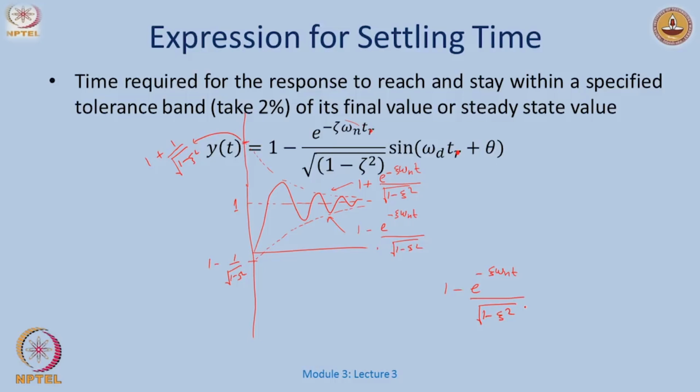And this, if you remember, looks like the response of a first order system, where we had the other day that the response was 1 minus e power minus t over tau. In that response, this was my 1, this was my response y of t, and this looks similar. Here the time constant is 1 over zeta omega n.